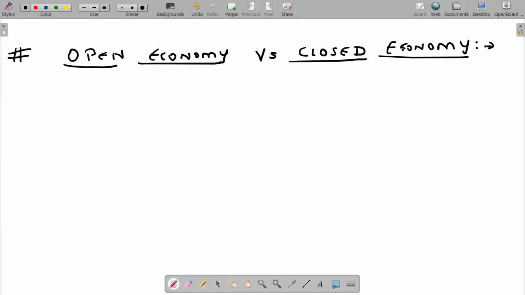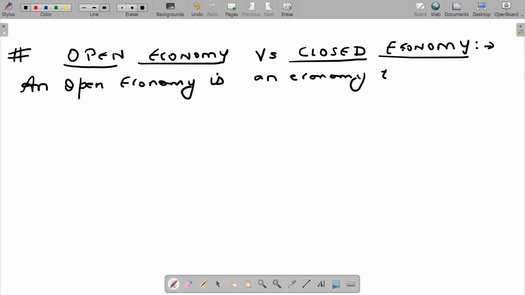Okay, so I can write an open economy. An open economy is an economy that takes part in international trade.